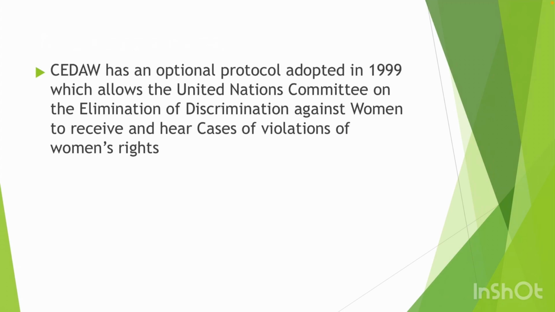So we have just done two specialized human rights instruments here: the Convention on the Elimination of all forms of Racial Discrimination and the Convention on the Elimination of all forms of Discrimination against Women.